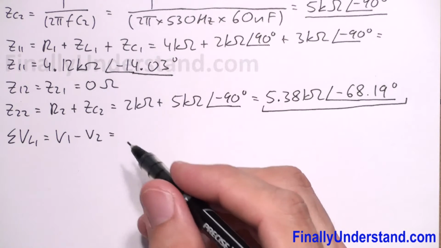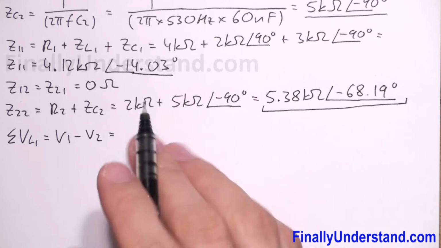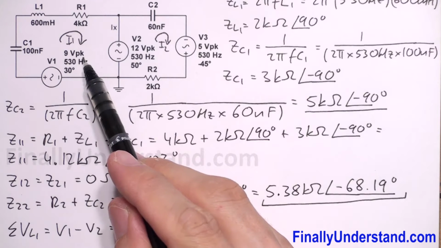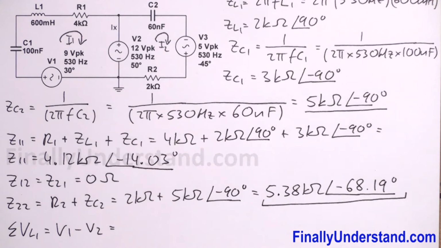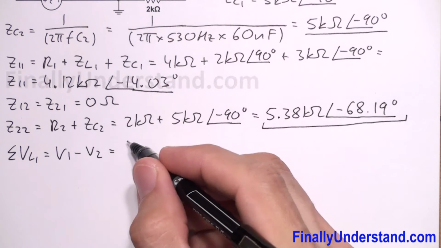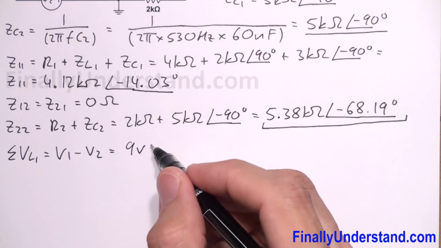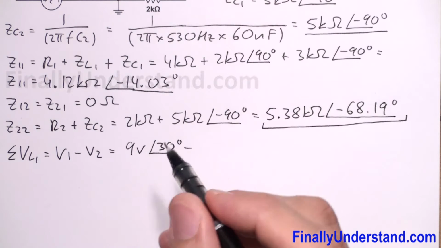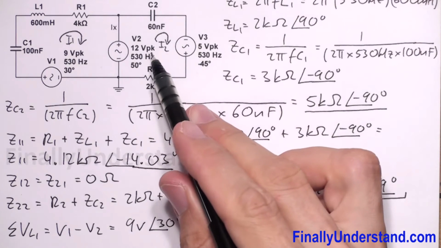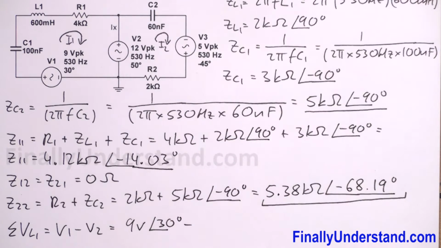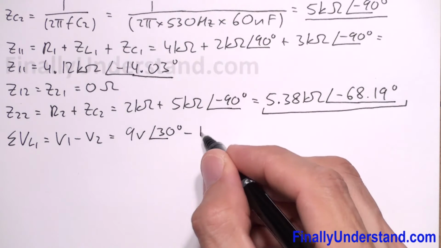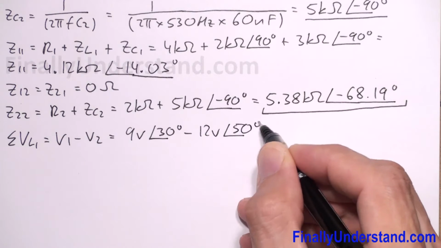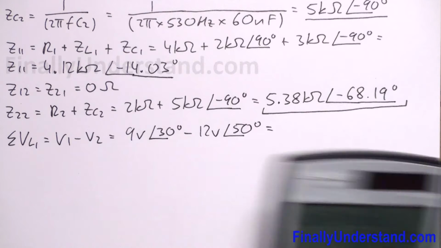So now we have V1 has a value of 9 volts peak and angle of 30 degrees. So I have 9 volts and angle of 30 degrees minus V2, which is equal to 12 volts and angle of 50 degrees. Okay, use the calculator.